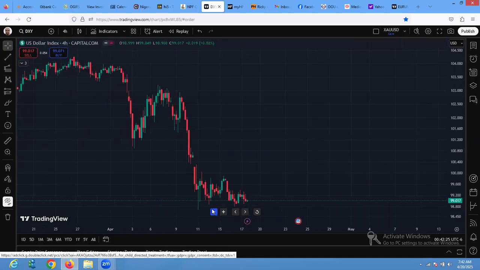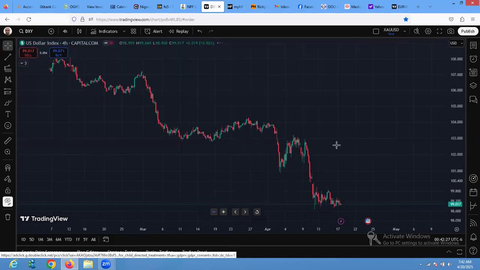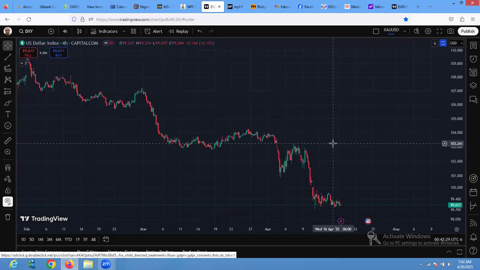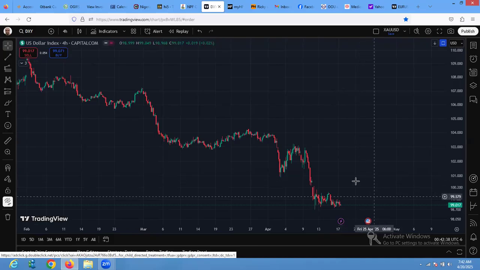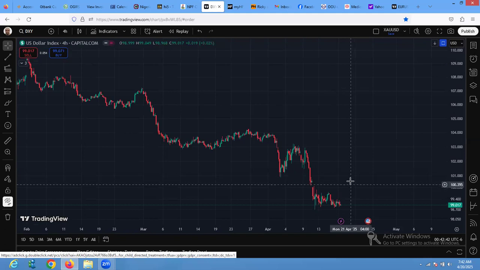If we are selling DXY from this point, anything you sell from here, you should be looking for a way to relinquish. I think you can't be expecting a buy or a sell limit from around this area anymore, because once this one touches here, it's going to pull to the upside and break and come near this area. That is what we expect.